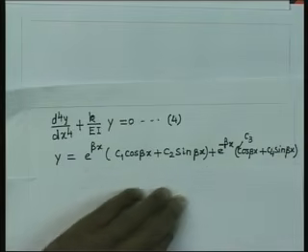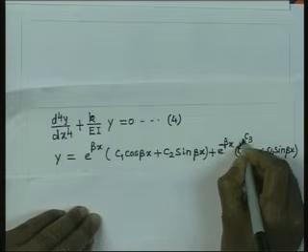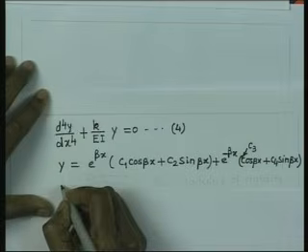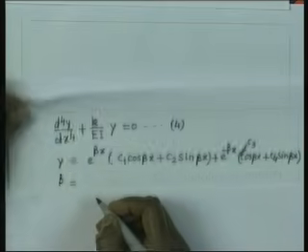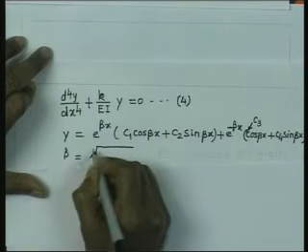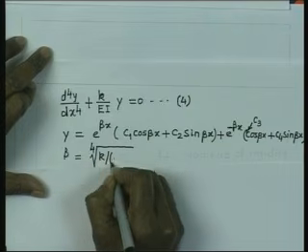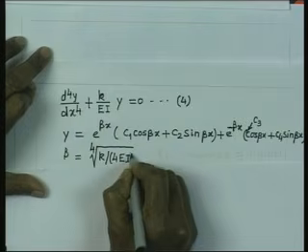That is the solution, wherein beta is nothing but the fourth root of the ratio k by 4EI.